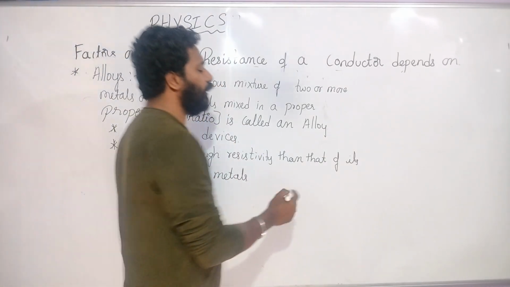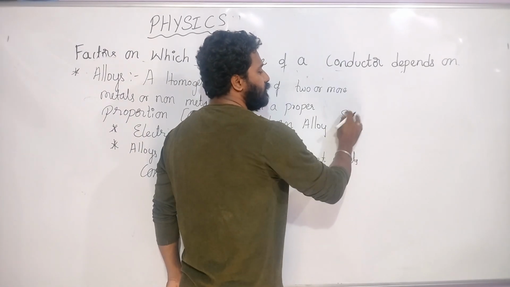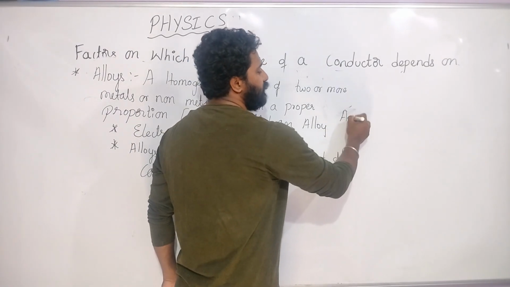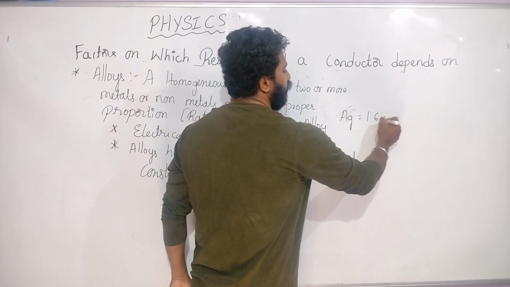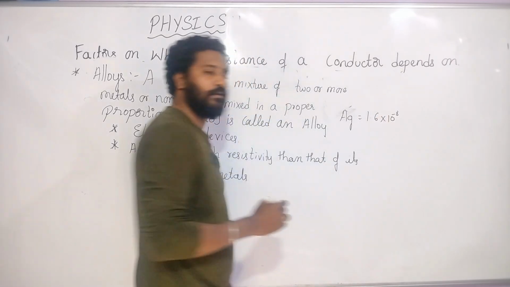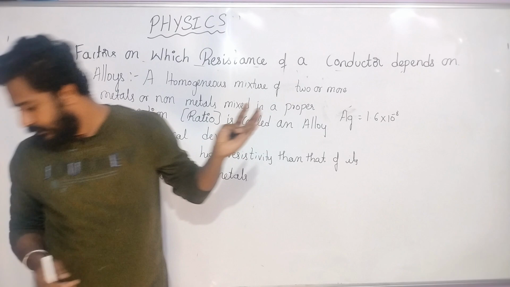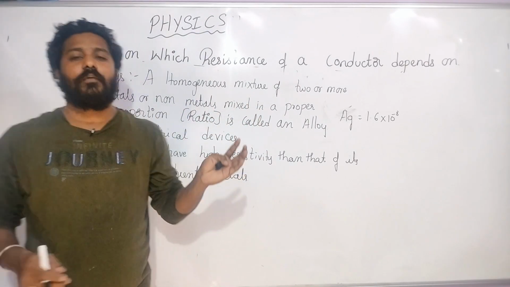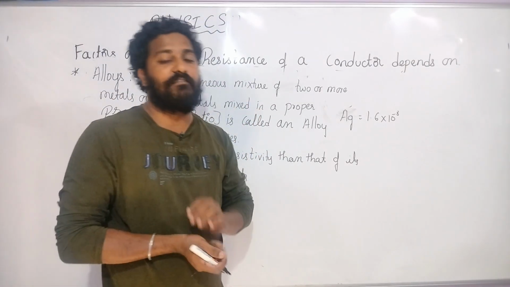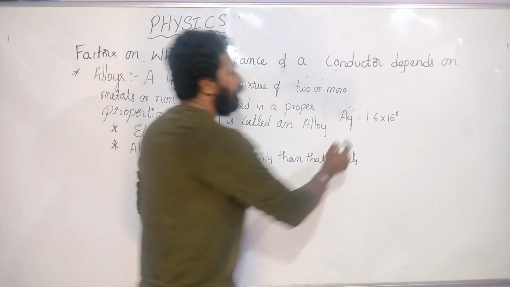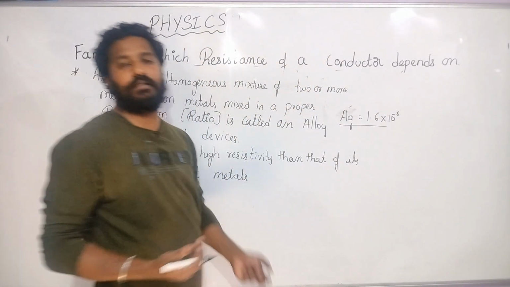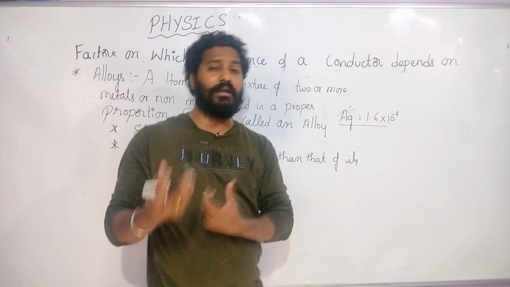So which means, I have already told you, silver. Silver resistivity is 1.6 into 10 power minus 8 ohm meter. These are in the table that I have already shown you. In that table, resistivity is given. When you compare, silver is a metal, aluminum is a metal, copper is a metal.